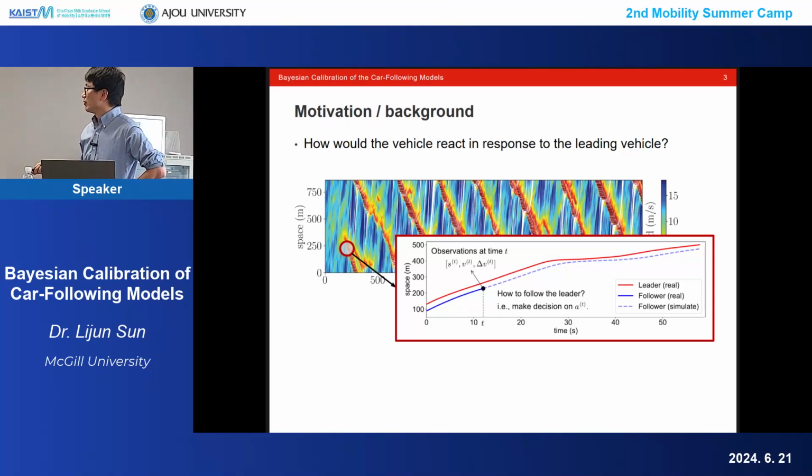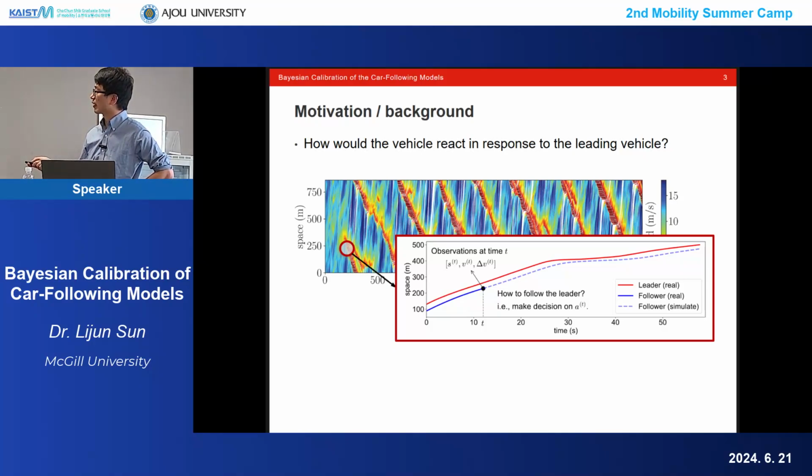And physically, what we can perceive. The typical inputs to the car-following models are essentially these three observations. We have S as the spacing, which is the distance with respect to the leading vehicle. You have the speed of the current vehicle, the blue vehicle, at time t.